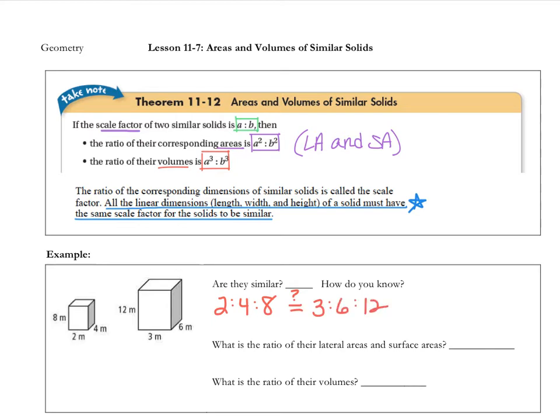On the left side, we can divide by 2, which becomes 1 to 2 to 4. On the right side, divide by 3, 1 to 2 to 4. Since they are equal to each other, yes, they are similar.